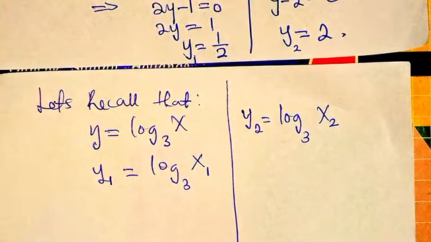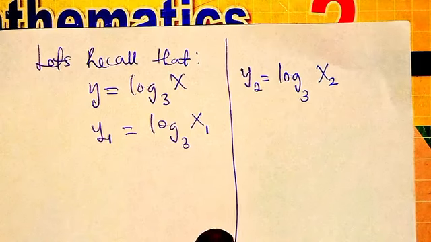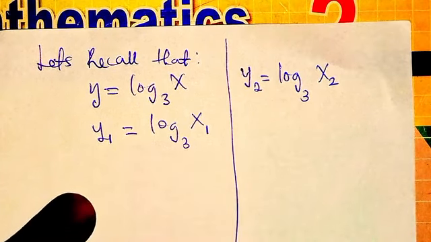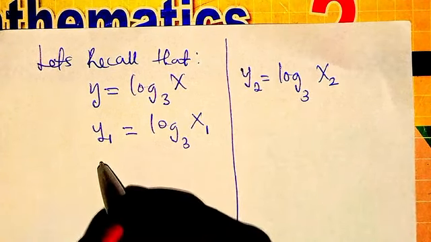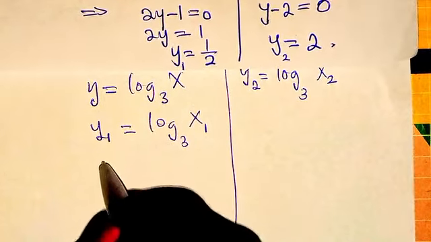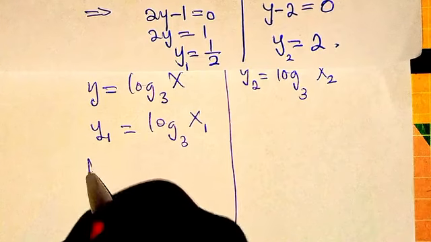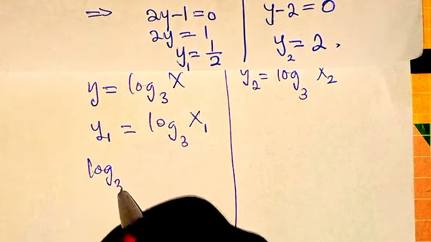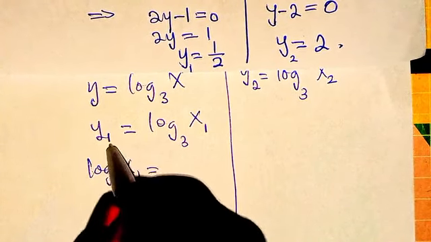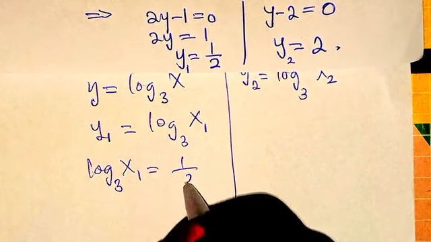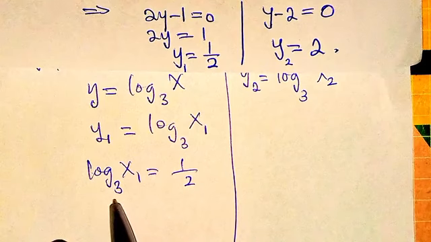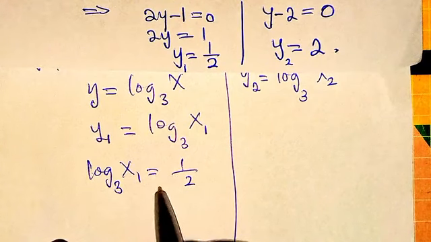So now let's go further and solve. Now here y1, we know that y1 is 1 over 2. So I can write this as log base 3 x1 equals y1, to be 1 over 2.